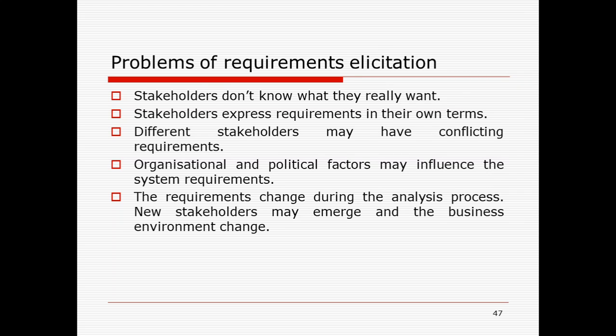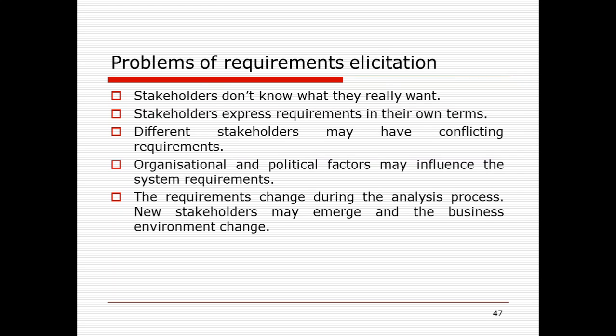Different stakeholders may have conflicting requirements. As I told you in the previous slide, the stakeholders may set different priorities to different requirements, so that may conflict while prioritizing the requirements. Organization and political factors may influence the system requirements.